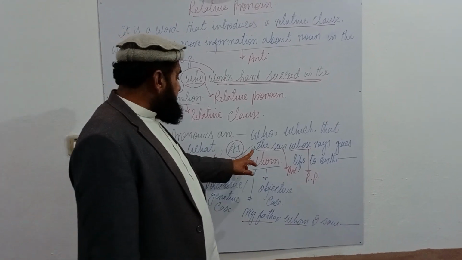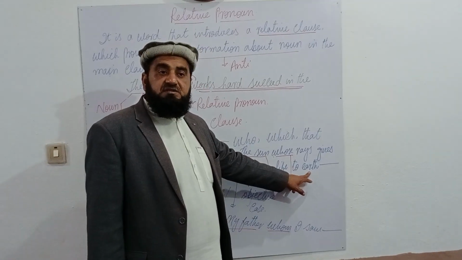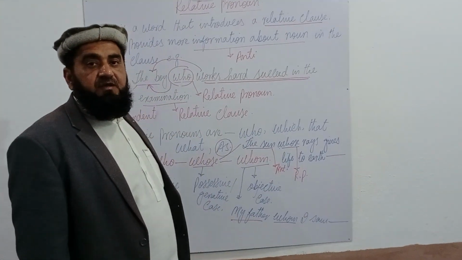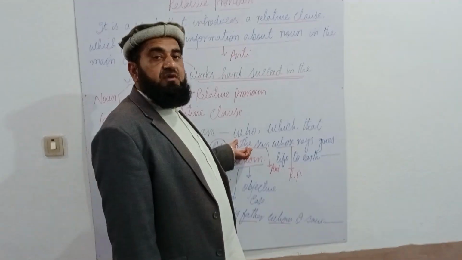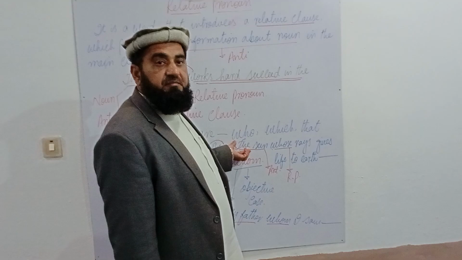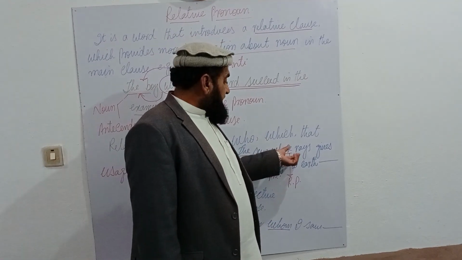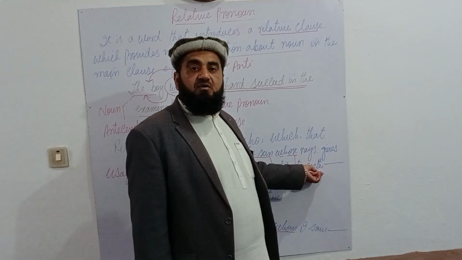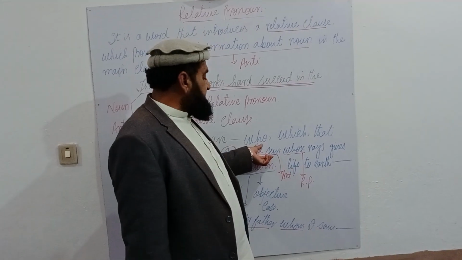For example, the sun, whose rays give life to the earth, was worshipped by the ancient people. The sun is the noun of the main clause. Whose is the relative pronoun. Rays give life to earth is the relative clause. This relative clause tells us about the sun.